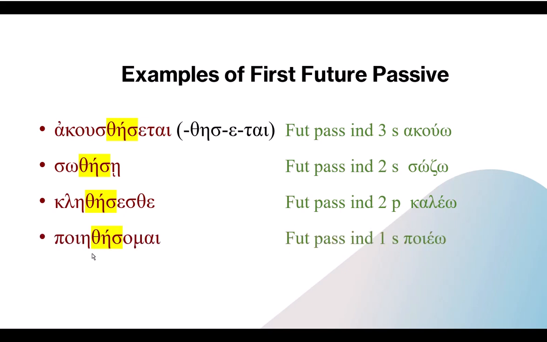And finally, we have poiethesamai, poiethesamai. And so we have poieo, which has an epsilon contract vowel, and that's going to lengthen to an eta. So poie. Then we have thais, and then we have amai being our ending.